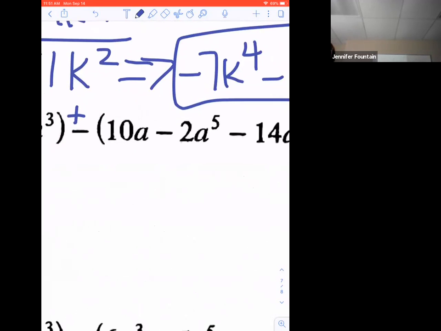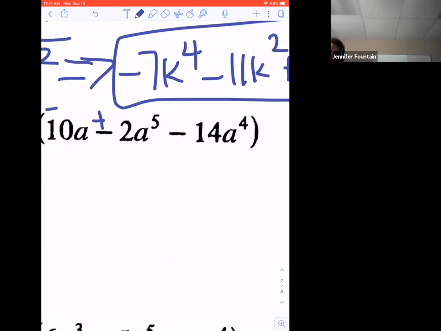It's positive, so it needs to become negative. Negative 2a to the 5th needs to become positive 2a to the 5th, and negative 14a to the 4th needs to become positive 14a to the 4th. So go ahead and change them before you line them up vertically.